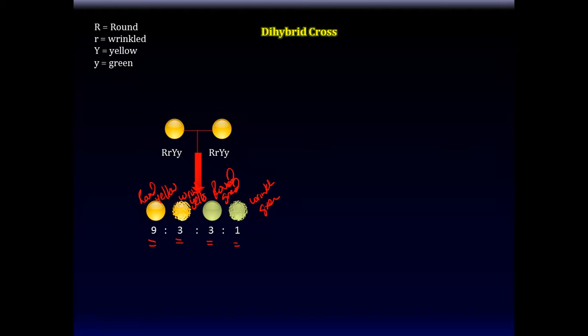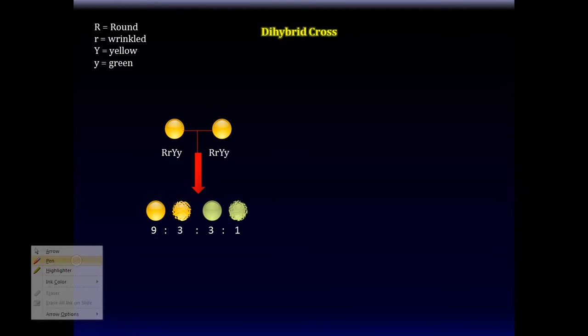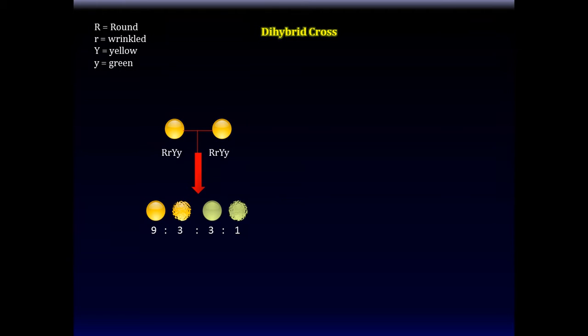Now, why does this happen? That's what we're going to try to appreciate here. Understand we are crossing 2 separate traits. The greenness and the wrinkleness are hidden in these plants because they're recessive genes.